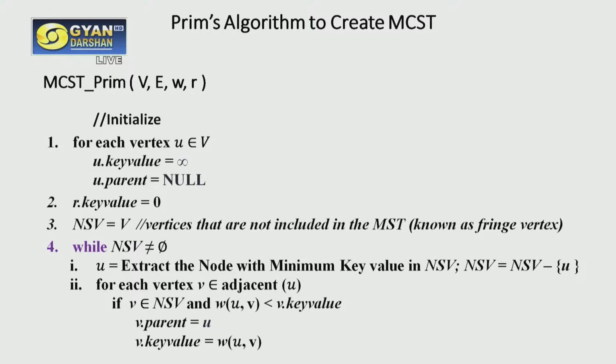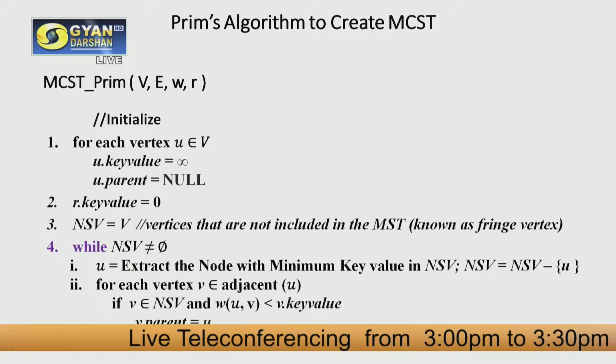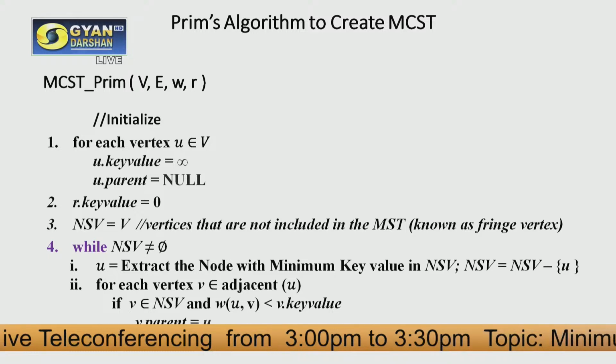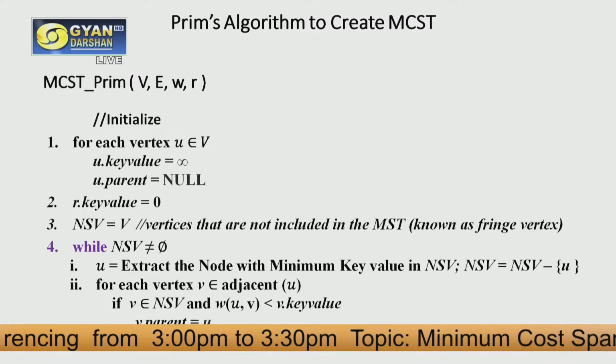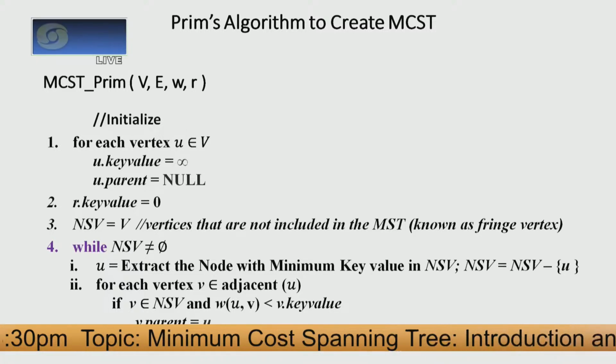So from the fringe nodes, the nodes which are not already included in the minimum spanning tree, we select a vertex and we remove that vertex from the set of unvisited vertices, and then we check the cost.